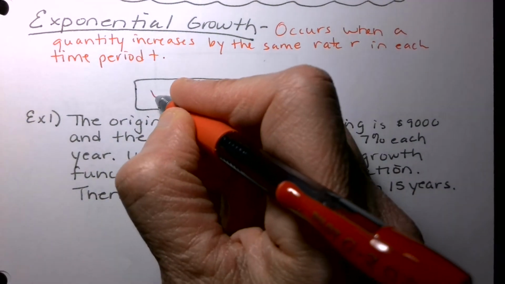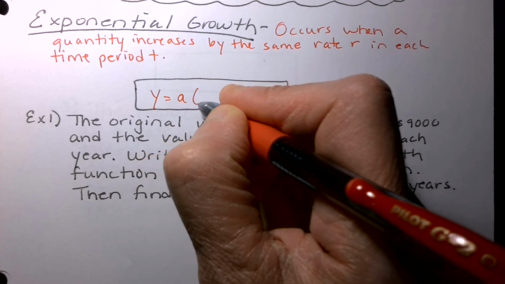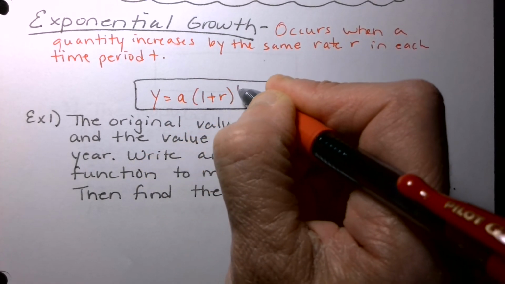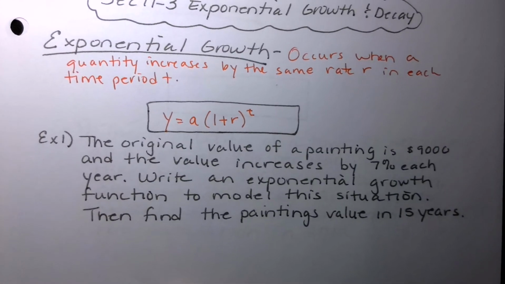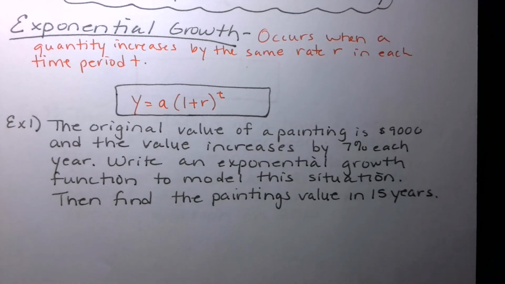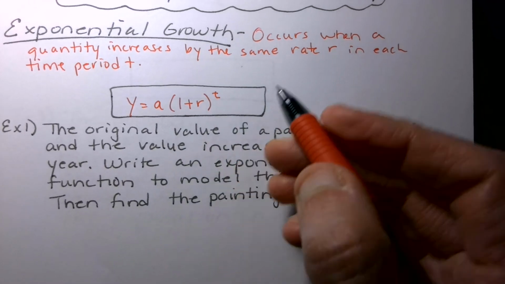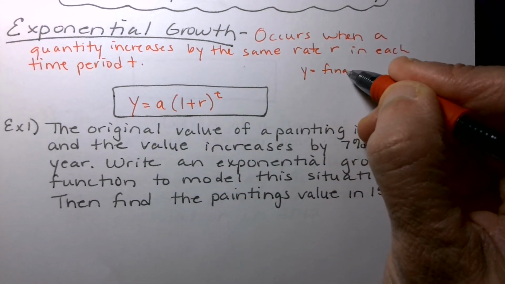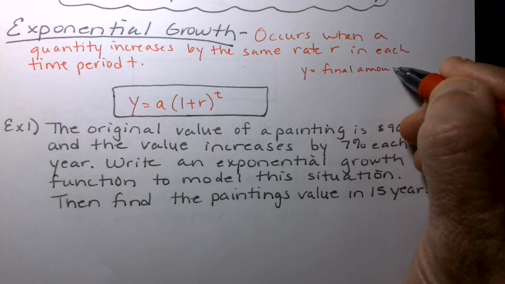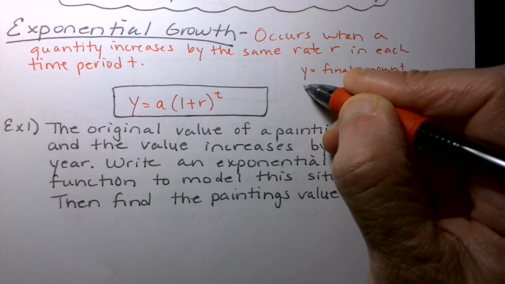The formula for that one is y equals a times 1 plus r raised to the little t. You're going to have a little work here to write down what these mean, but it'll be worth it to have this to refer to, trust me. y is the final amount of whatever they're referring to.